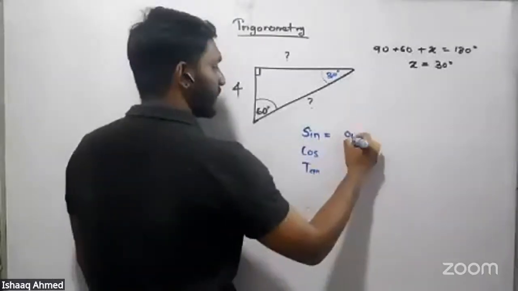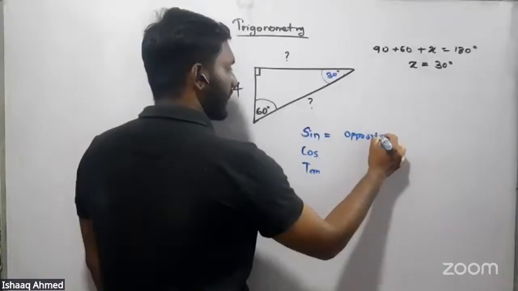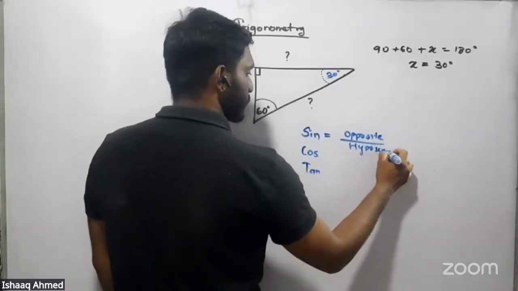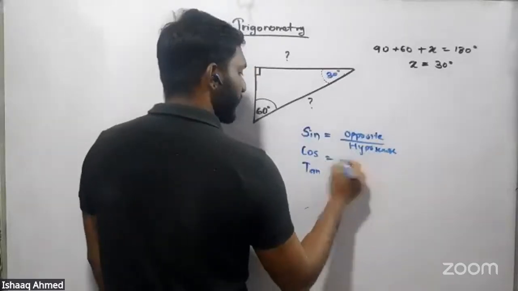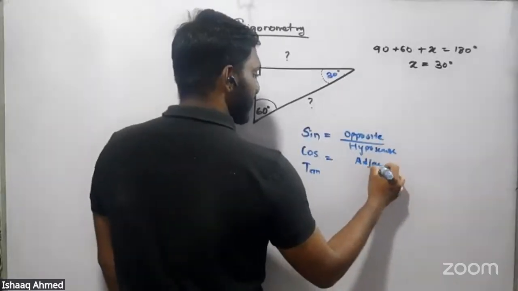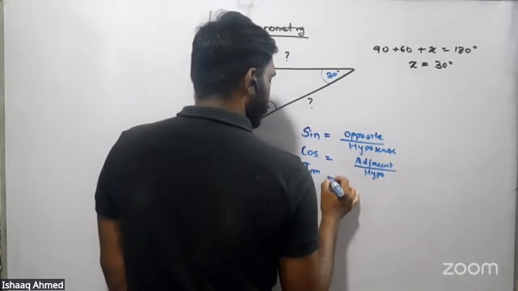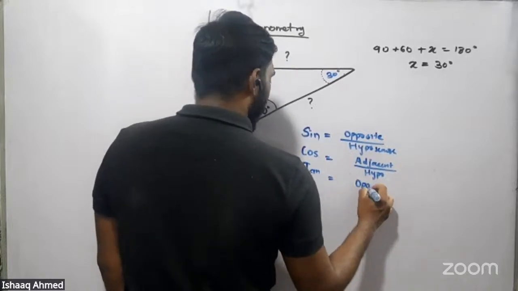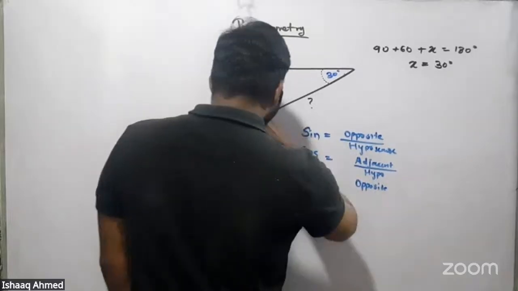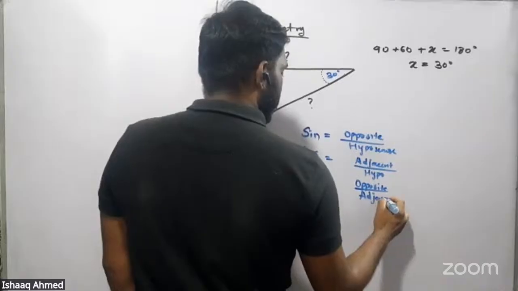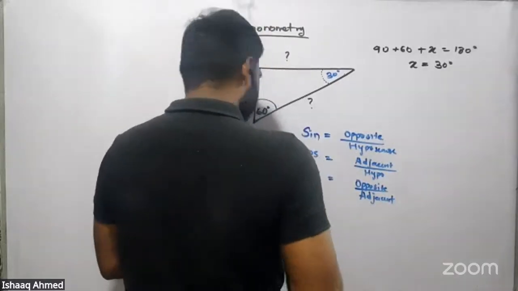Sine means opposite over hypotenuse. Cos means adjacent over hypotenuse. Tan means opposite over adjacent.